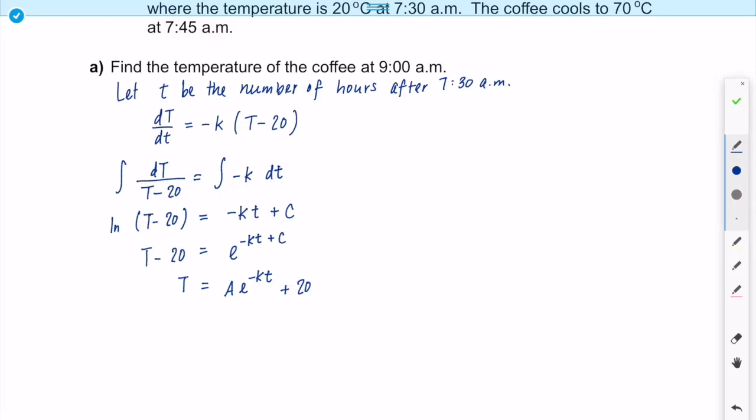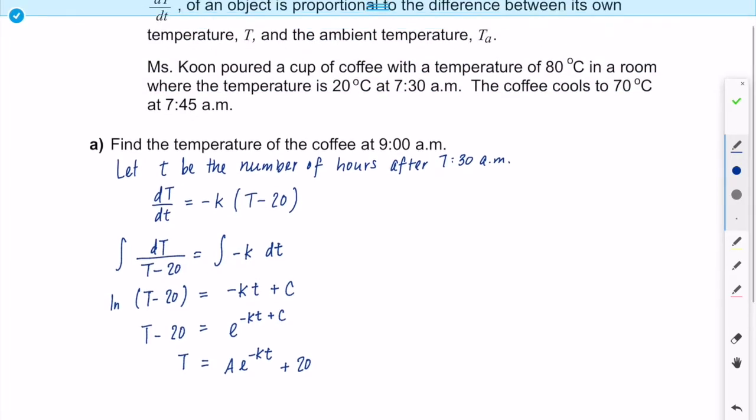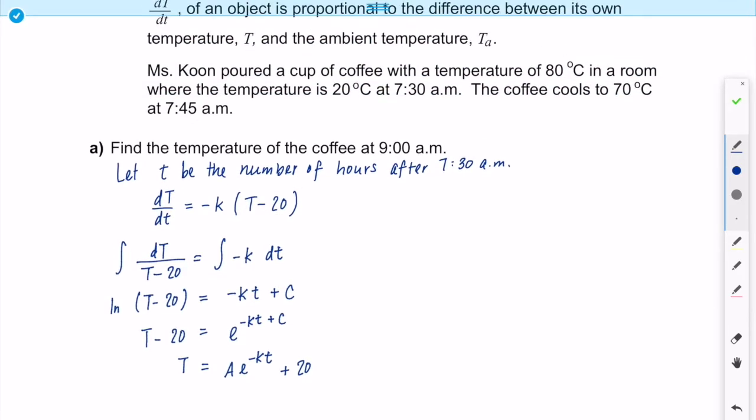Then, in order to find A and k, my constants, I can make use of the initial conditions given in the question. So here we're told that we started at a temperature of 80 degrees Celsius in the room at 7:30.